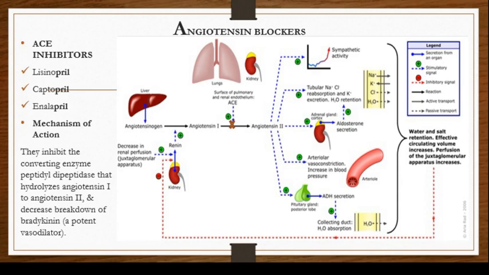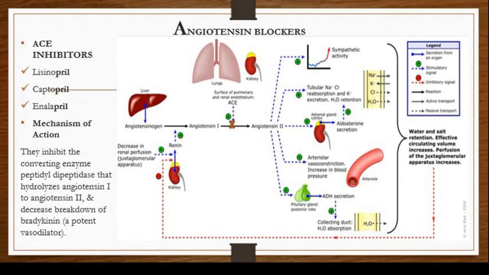pril. And basically, when we look at the mechanism of action of these angiotensin converting enzyme inhibitors, you realize that they block the conversion of angiotensin 1 to angiotensin 2. And that's all.